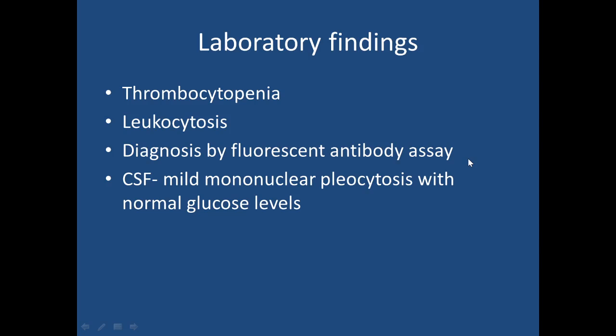Another important thing is that in the initial phase of illness, these antibodies are not formed inside the body, so the serological test will come negative for scrub typhus, because antibodies are usually formed after the first or second week of the illness. So in the initial stage these antibodies can be negative.